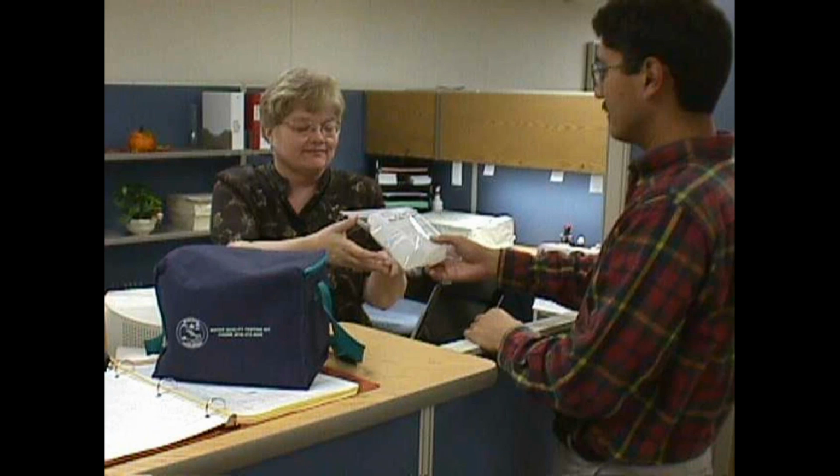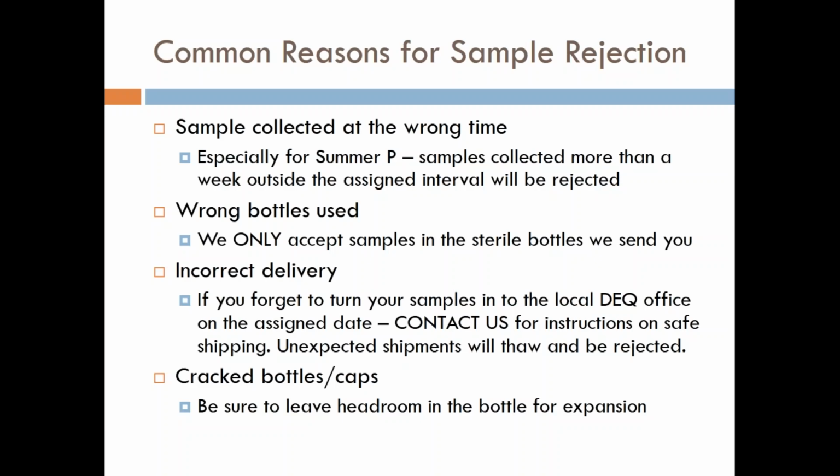All right, never just turn your sample in outside of the office door and expect it to be fine. You know, that's how samples get ruined. You want to hand it to the person who's expecting it, and that's really the only way we want it done, unless you talk to us first.